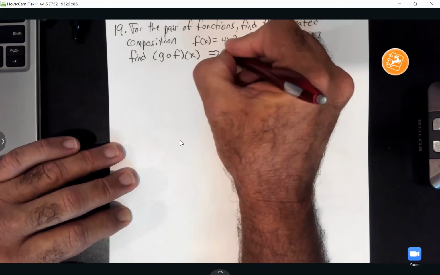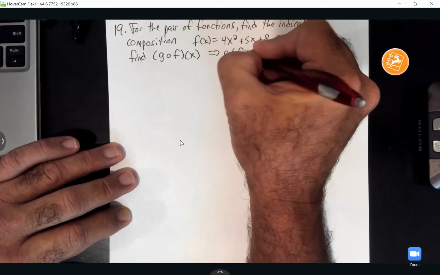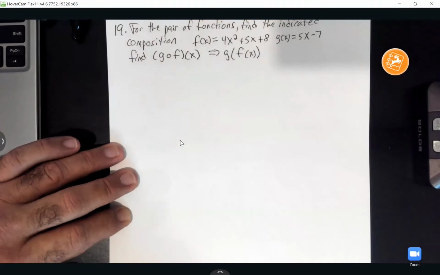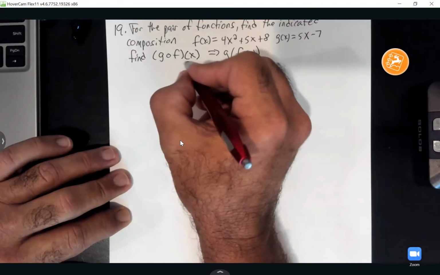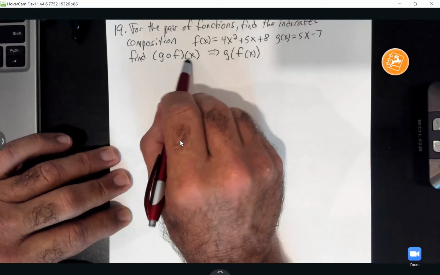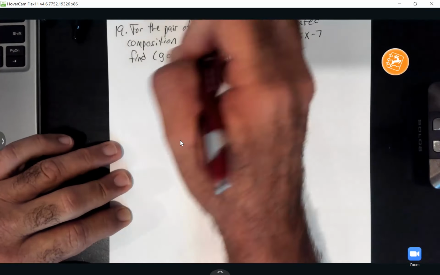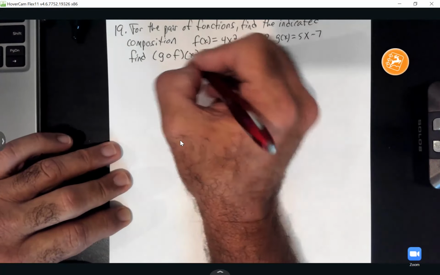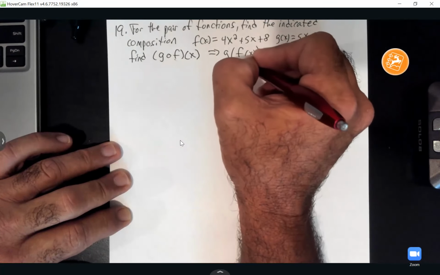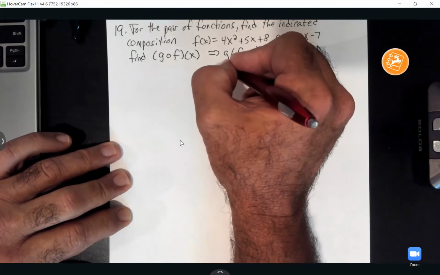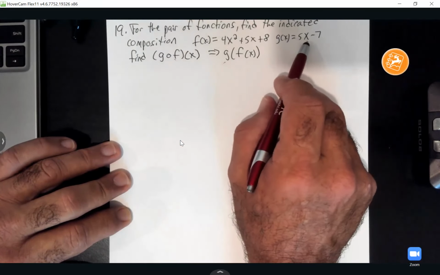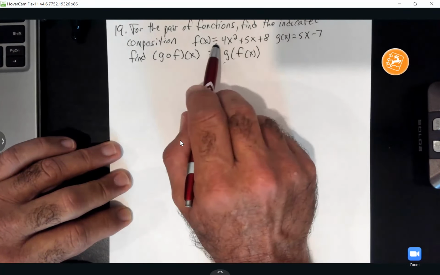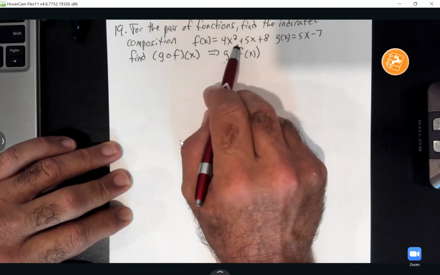Remember, this one's like G of f of x if he's writing it in that notation. So here's the thing. Since I don't have a number to put into the f, I've got to put my complete f of x function into the G. So when I take the G in place of its x, I got to put the whole f of x.